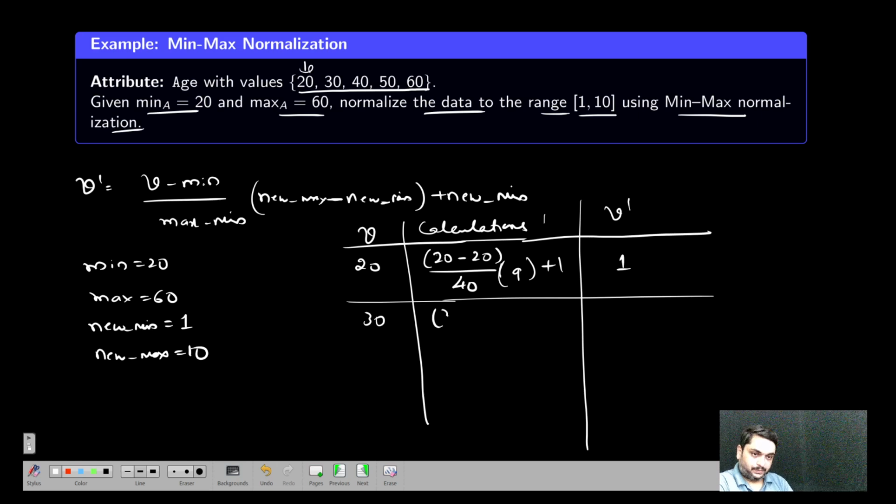30 minus 20 divided by 40 into 9 plus 1. So 10 by 40 is 0.25, it will be 3.25.